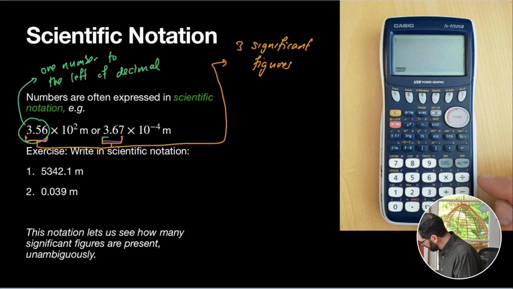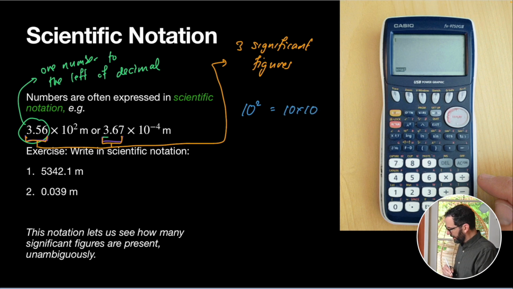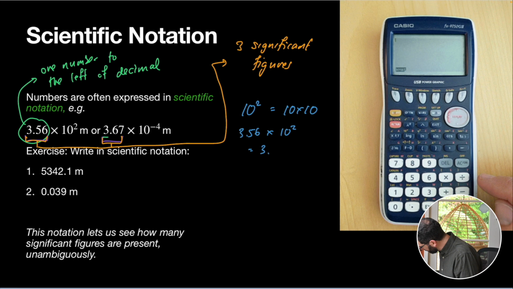So 10 squared just means 10 times 10. That number there would be 3.56 times 10 times 10, which would be 356 expressed in regular notation.